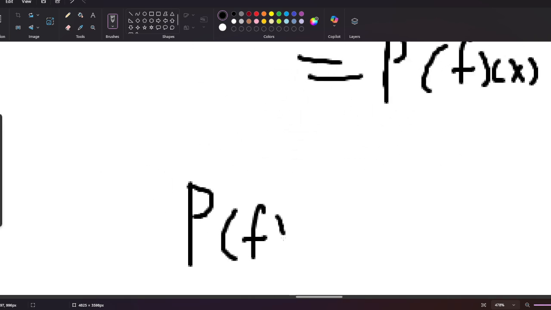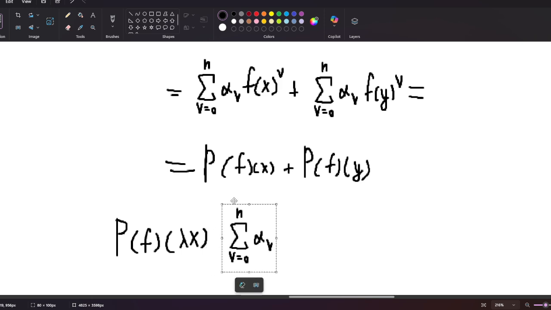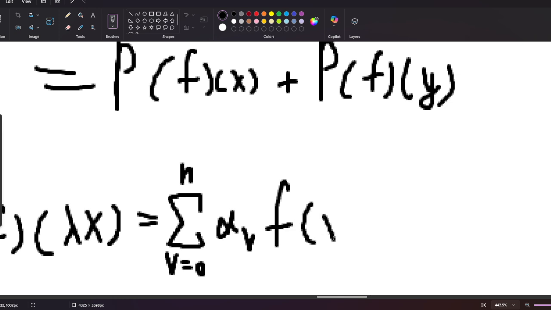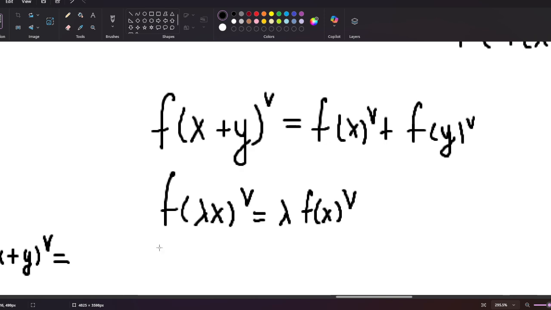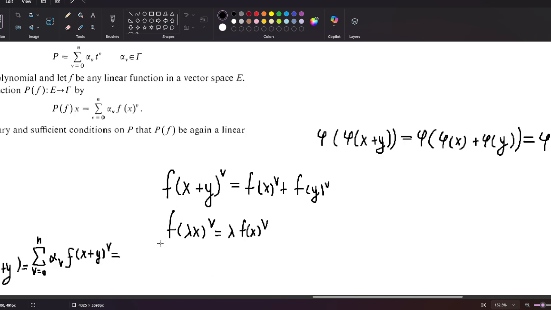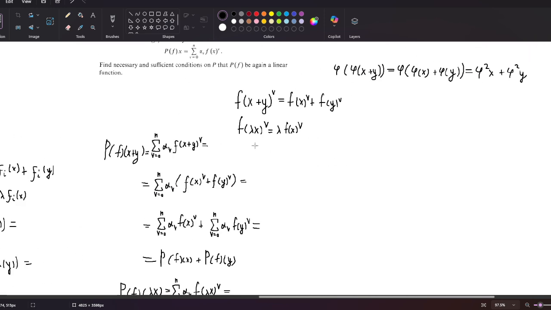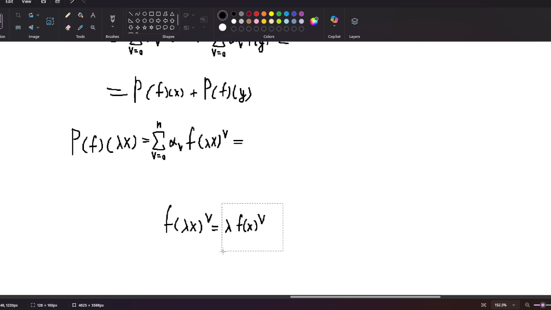Okay, so p(f) of lambda x. Again, let's copy the sum here. And we have f of lambda x composed v times. Now, as we have seen here, this is how it goes. So let's just take this here, and it becomes really handy.